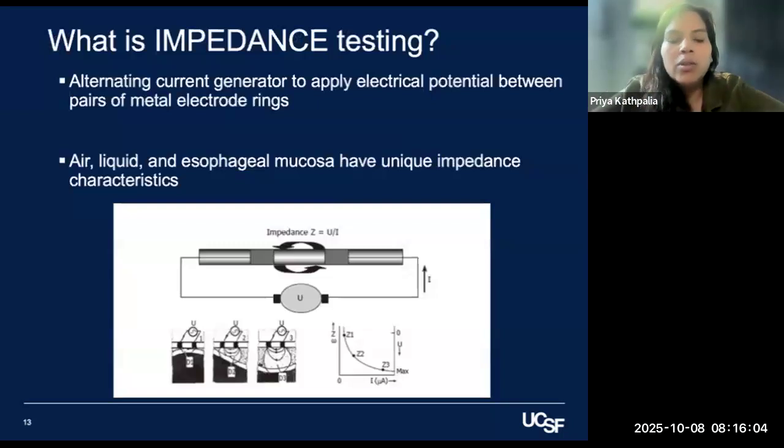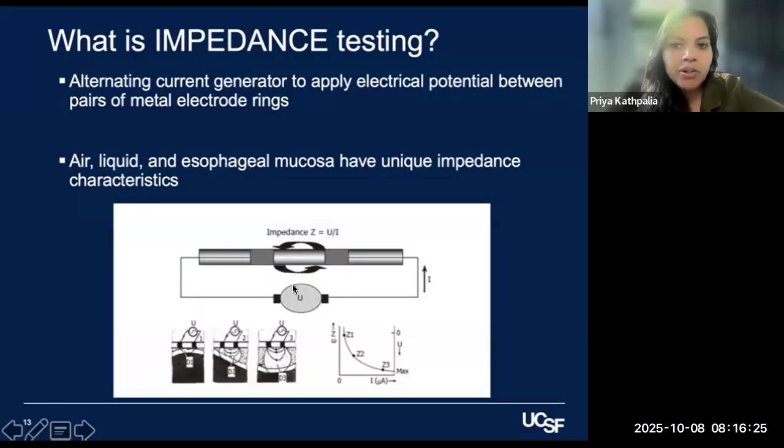So as you may know, all of our manometries at UCSF are done with impedance testing. And impedance monitoring works by using an alternating current generator to apply an electrical potential between pairs of metal electrode rings that are separated by this isolator.